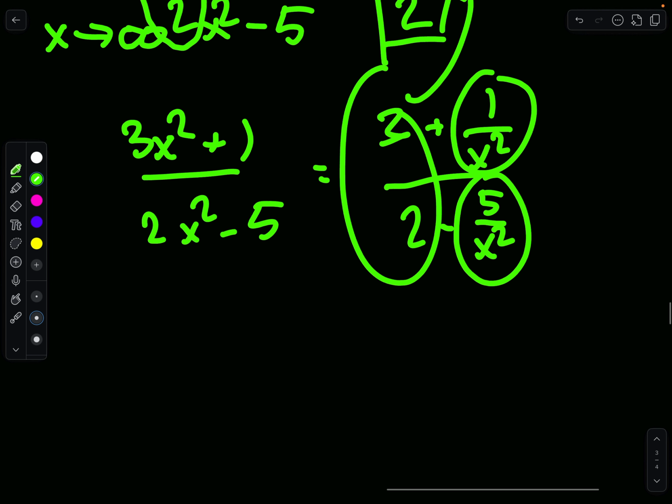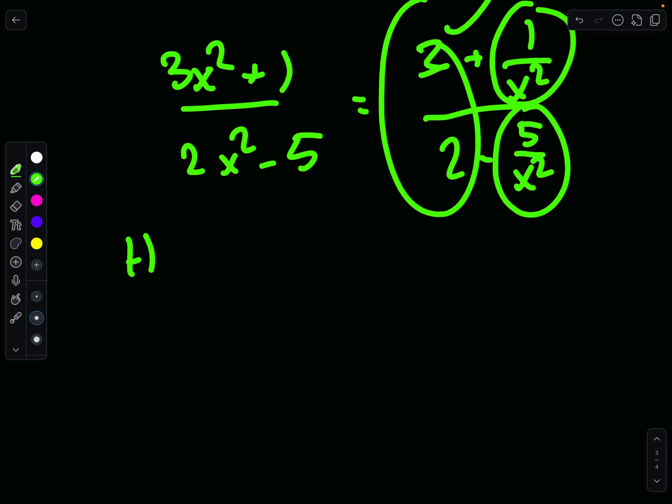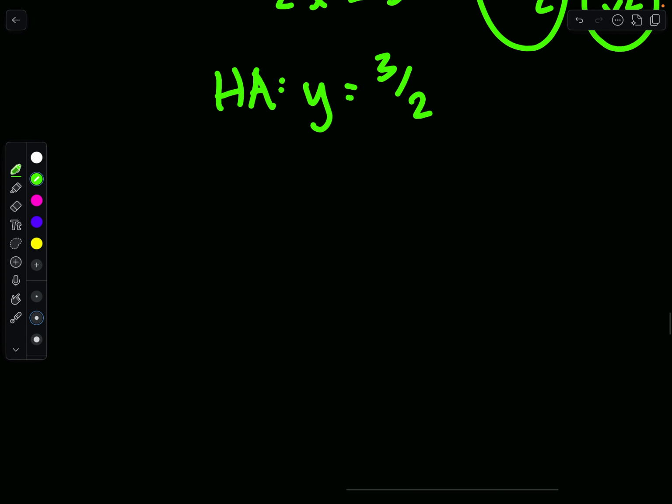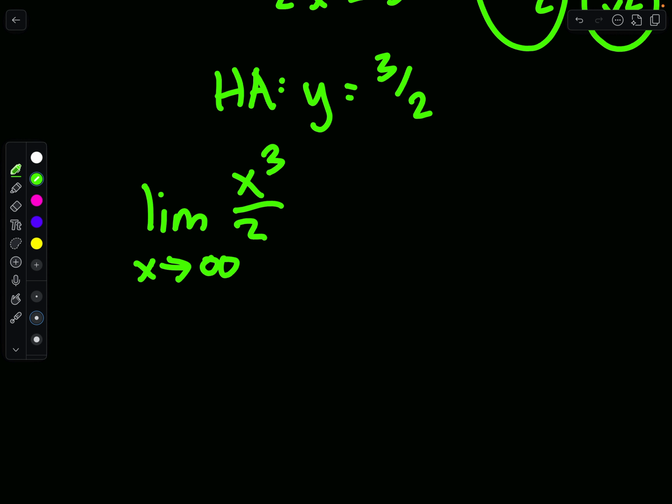So that means horizontal asymptote y equals 3/2. Now our last case is when the degree of the top is greater than the degree of the bottom. We see, for example, the limit as x goes to infinity of x cubed over 3x.